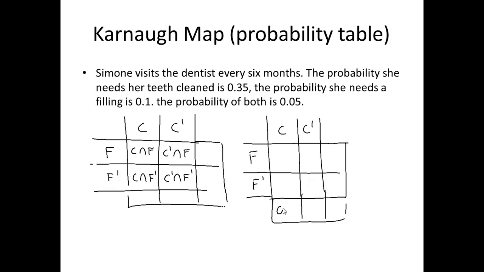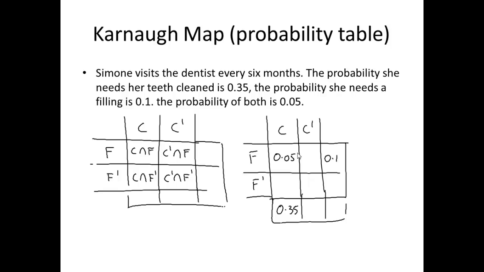So this column here has to add up to equal 0.35. The probability she needs a filling is 0.1. So this column has to add up to equal 0.1. They've told us the probability she needs both, the intersection between a clean and a filling, is 0.05.